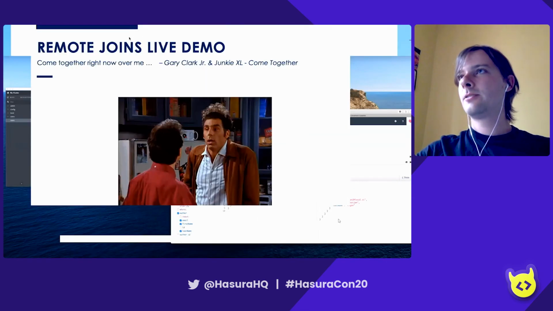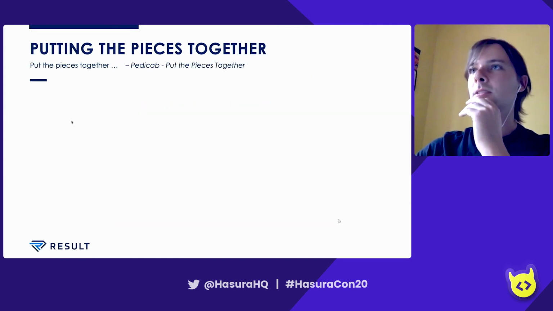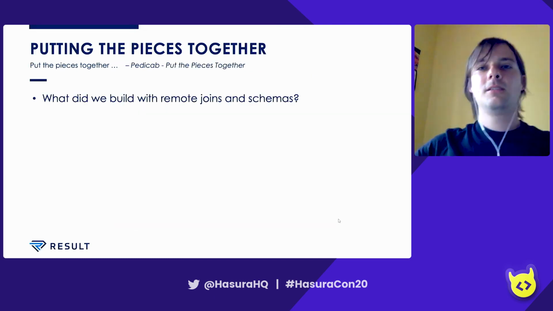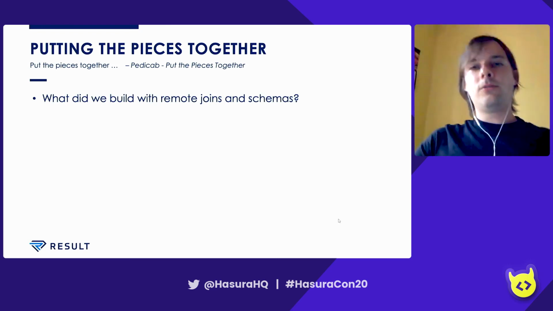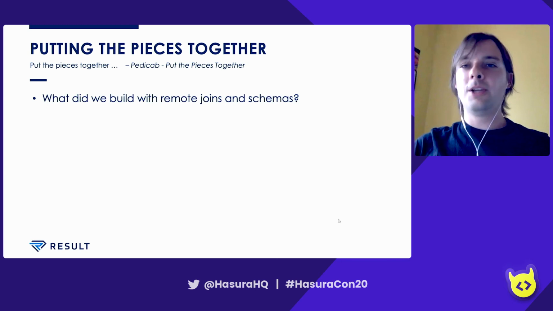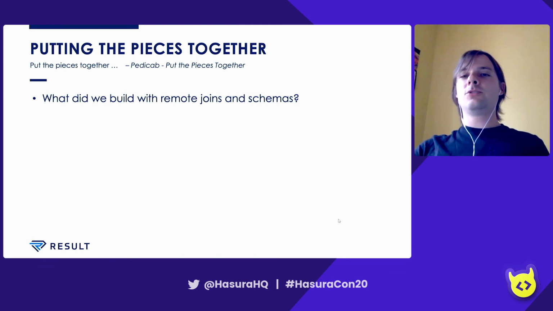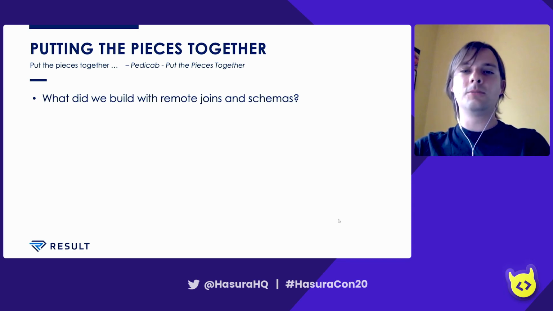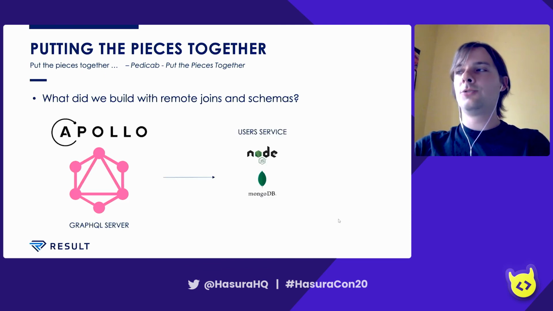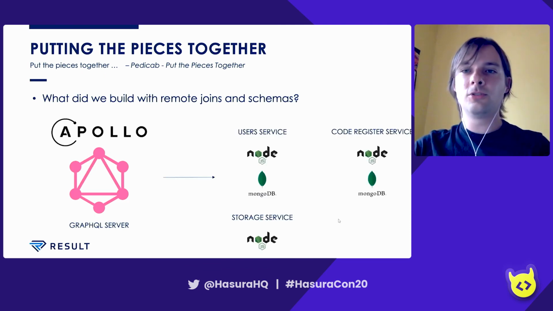So let's go back to what we just did, and we can see that this is a really powerful feature which actually allows us to do major stuff. And I'm going to just give you an example of what we did with this. So we decided to use remote joins and schemas to our advantage by creating an ecosystem for our applications. So we have a GraphQL server dedicated to common things in the ecosystem. These are a user service, a code register service, a storage service, and also a service that saves our files.